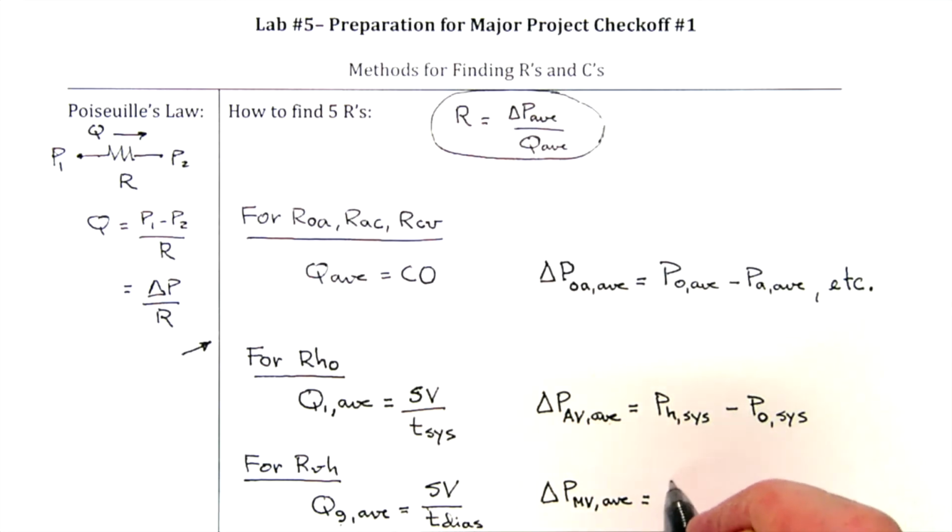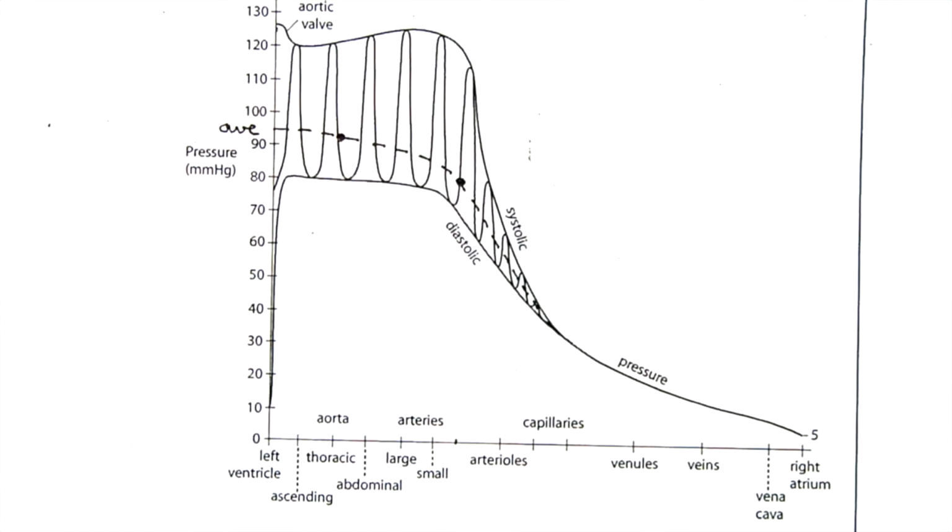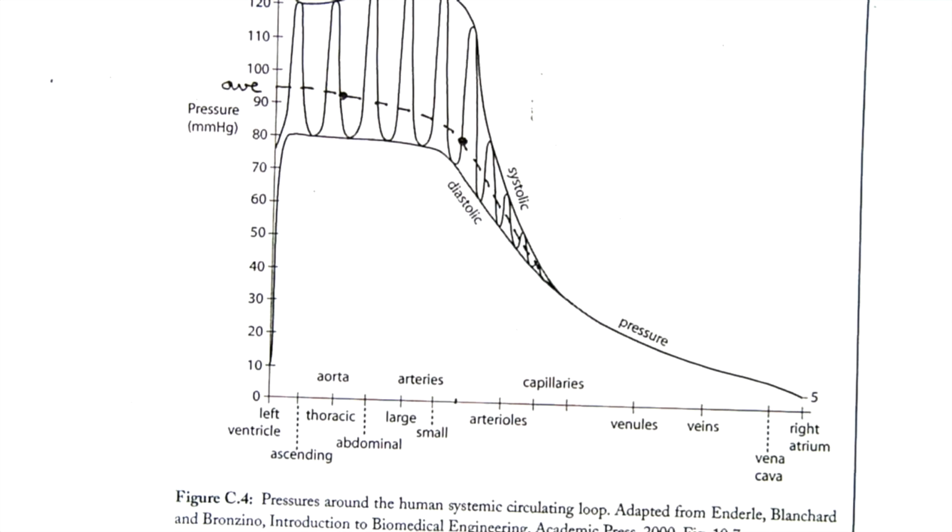And as you might expect, that's the pressure in the vein on average, minus the pressure in the heart during diastole, not systole, but diastole. Where do we find those values? Well, the pressure on average in the vein can be found once again from this curve in the textbook, figure C4, because if we go over here, we've lumped the venules, the veins, and the vena cava and the right atrium together.